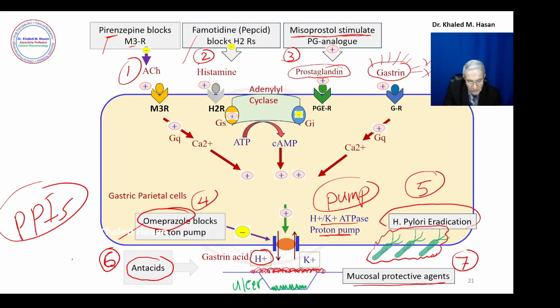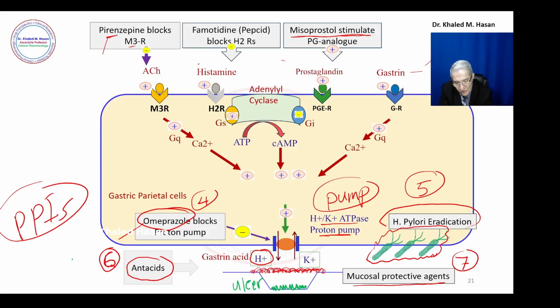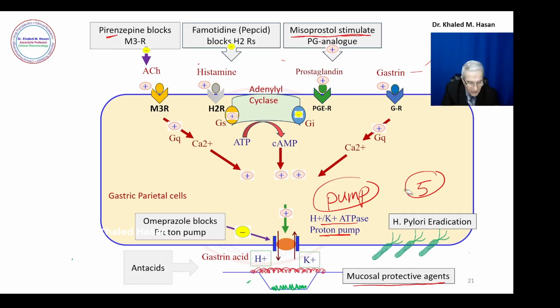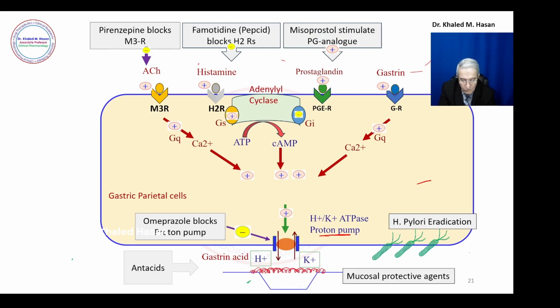So you can see here from this graph, I will clean all this, and then we put a number for the medications used for peptic ulcer disease to make it easy for us. Here is our list of medications used.